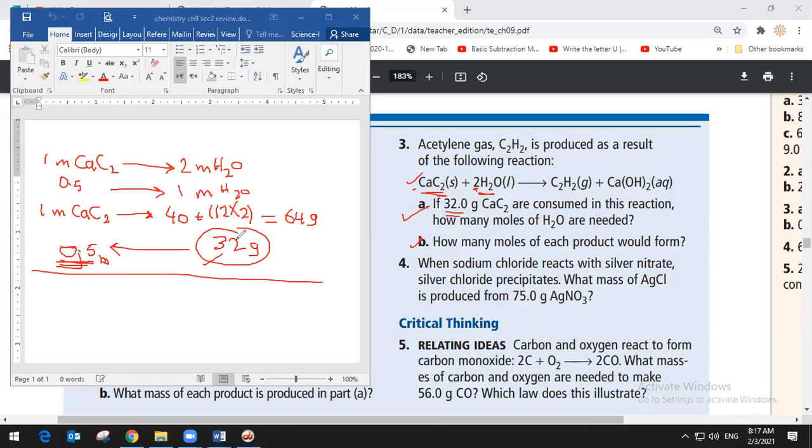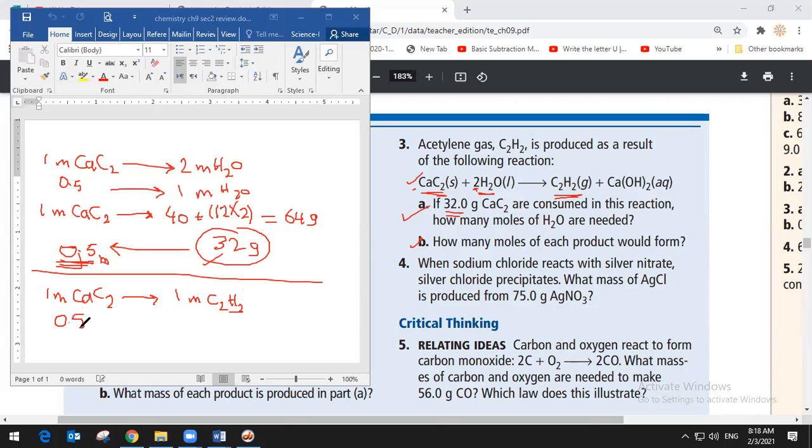So like this, we have 0.5. Let's go back to the original equation. We said that 1 mole of CaC2 will produce how many moles of C2H2? How many moles here? 1. So 1 mole of C2H2, according to the chemical equation. We already found the amount in grams equals 0.5 mole.